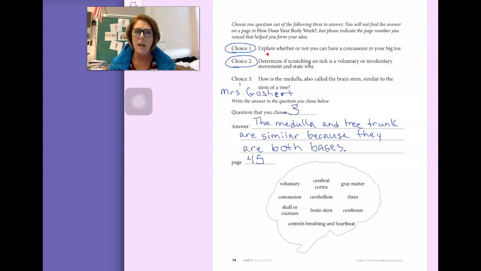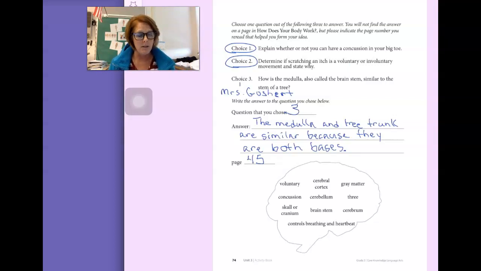So for choice number 1, you're going to want to find the pages in chapter 6 that talk about what a concussion is and decide whether or not you could have one in your big toe and tell us why. Now, choice number 2, you're going to find where it talks about voluntary and involuntary movements, and you're going to decide, I just scratched an itch, right? Is scratching an itch a voluntary or involuntary movement? Remember, voluntary means we think about it, involuntary, we don't think about it.